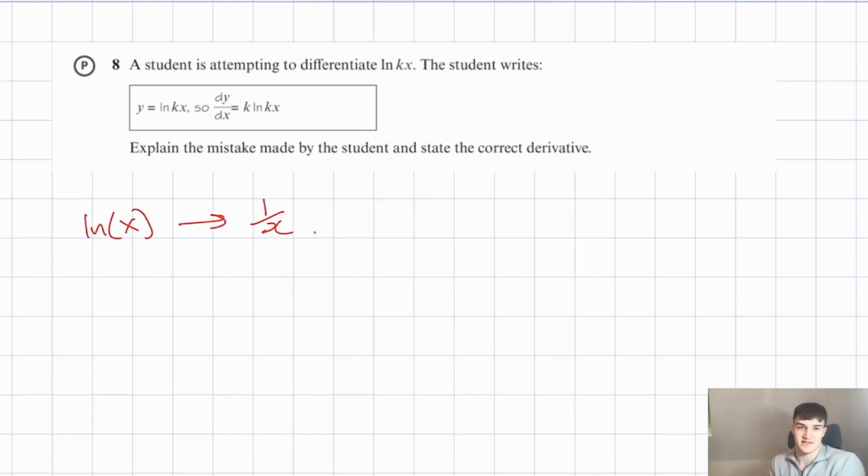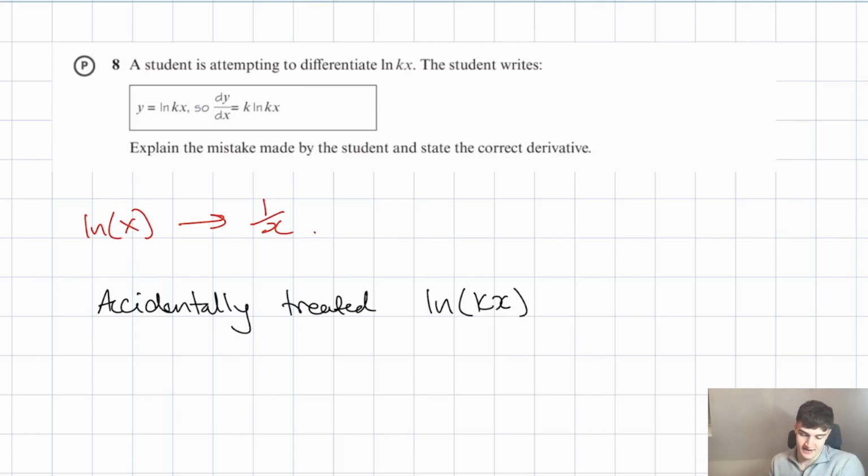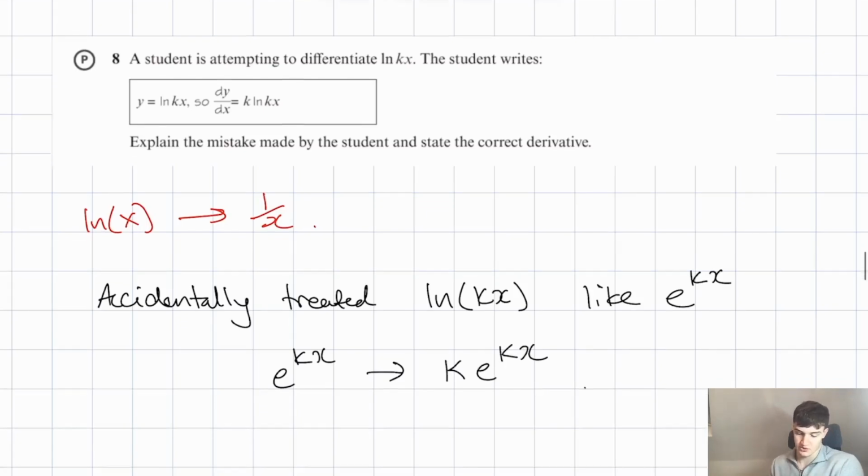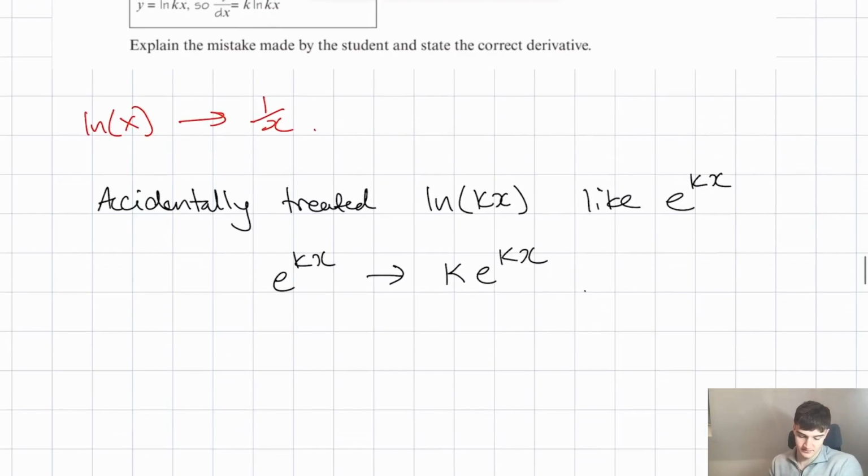So what they've accidentally done is treated ln of kx like e to the kx, because you know that e to the kx would differentiate to k lots of the thing itself. So what is the correct derivative?